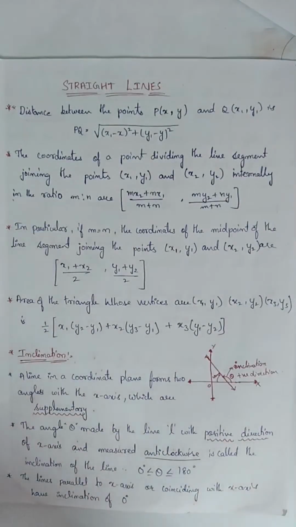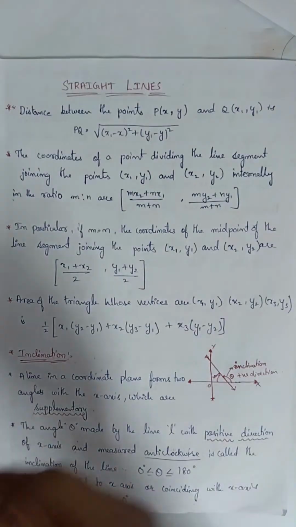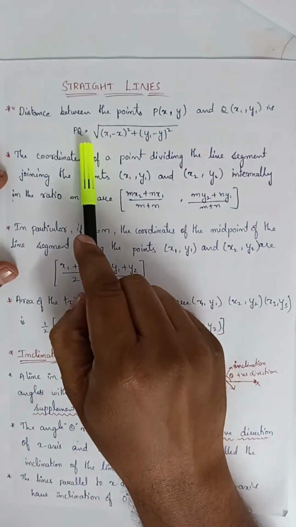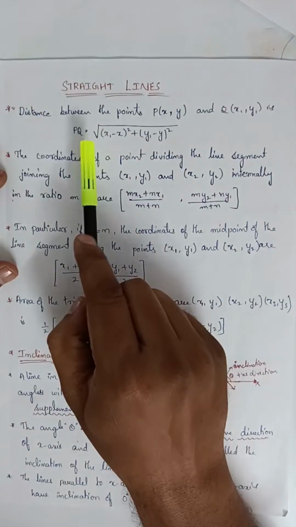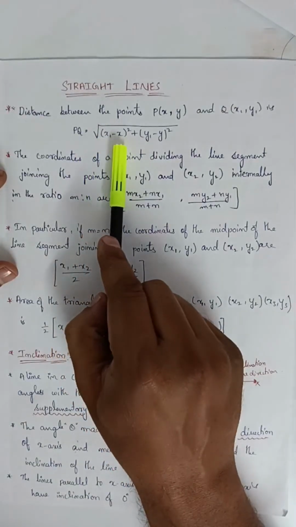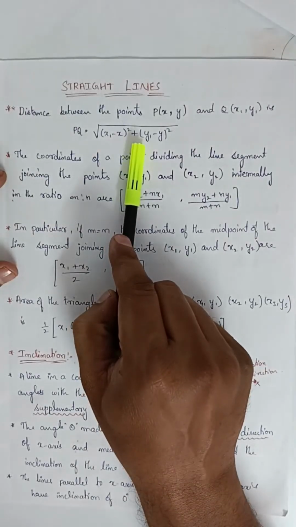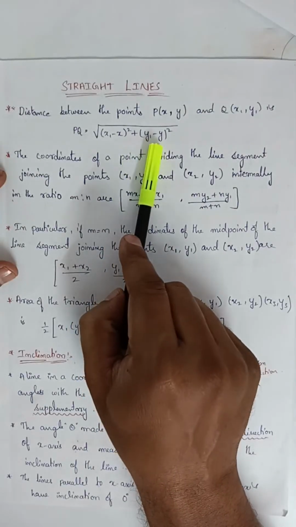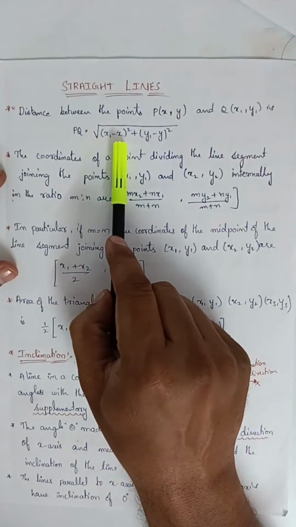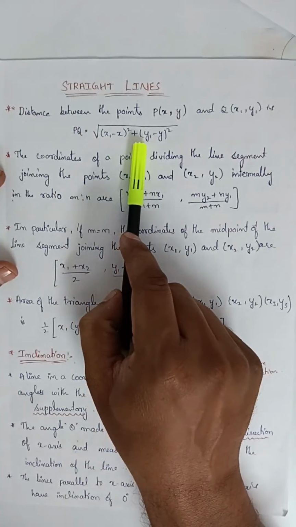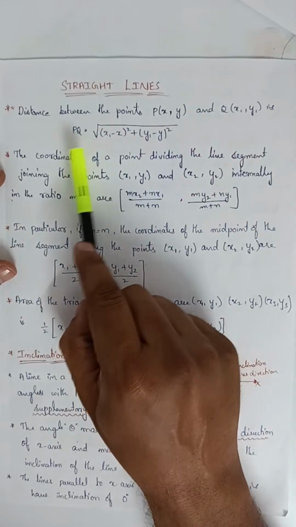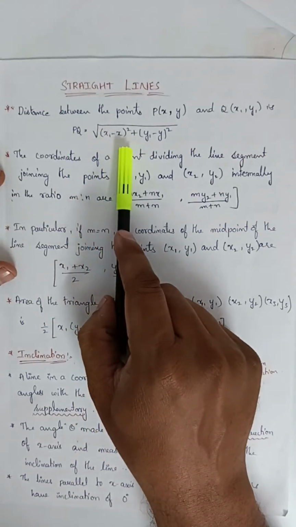Then the distance between P and Q is equal to the square root of (X1 minus X2) whole square plus (Y1 minus Y2) whole square. And here is the distance formula of 2 points.